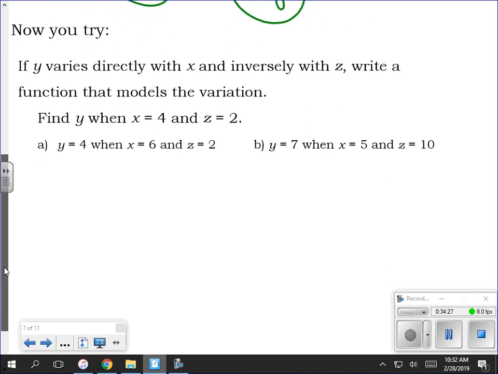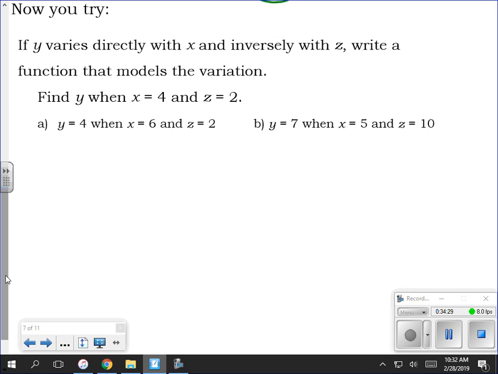And, ooh, it's your turn again. Okay, so here we go. Y varies directly with x and inversely with z. Do you remember? Divide, multiply. So y times z divided by x. Those are the relationships of my three variables.